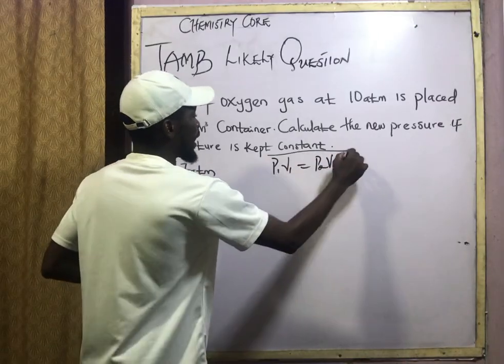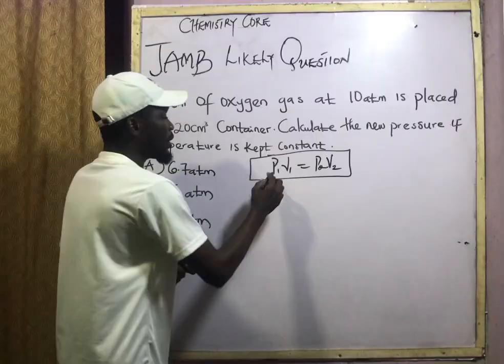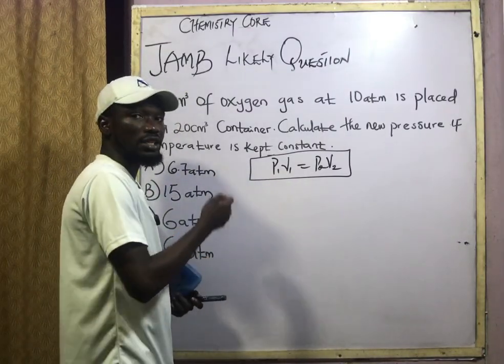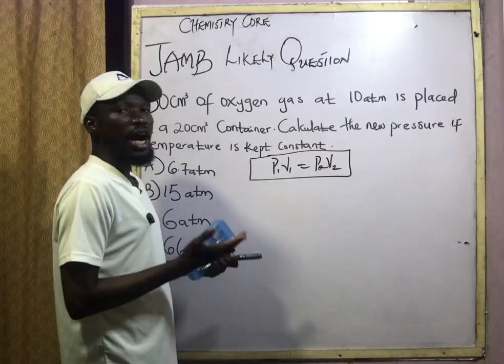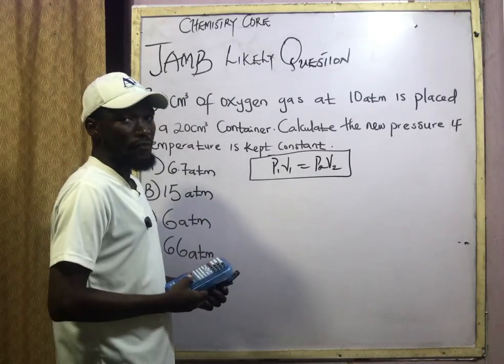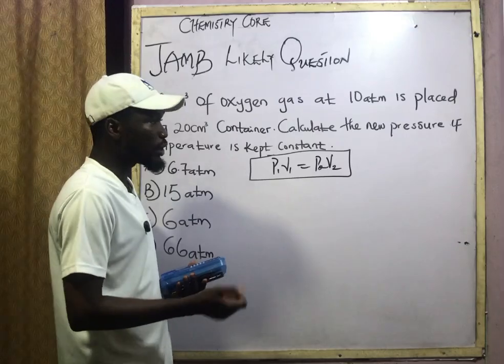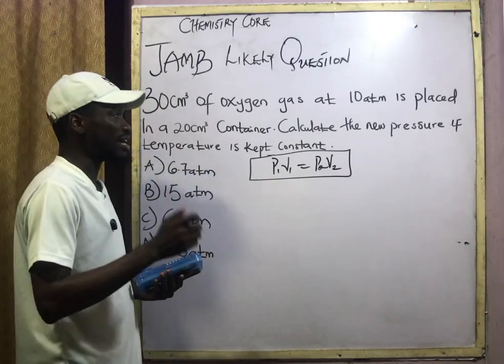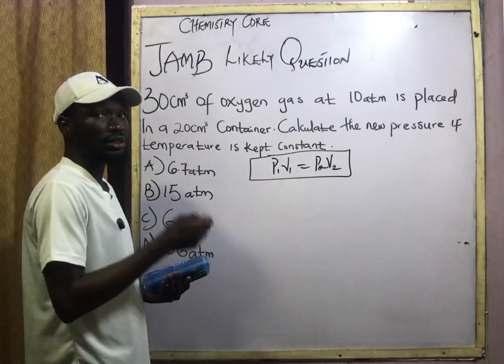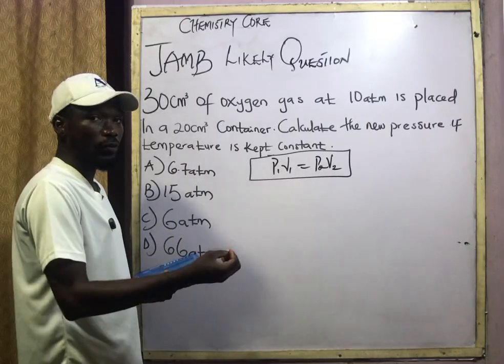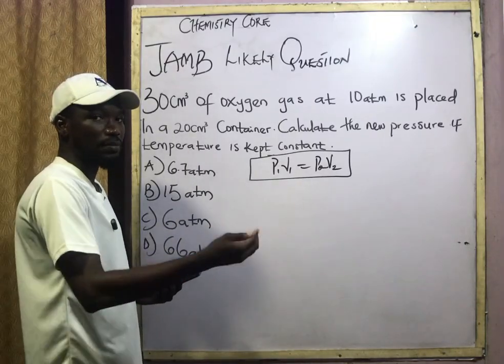Our P1 is the initial pressure, our V1 is the initial volume, our P2 is the final pressure, while our V2 is the final volume.